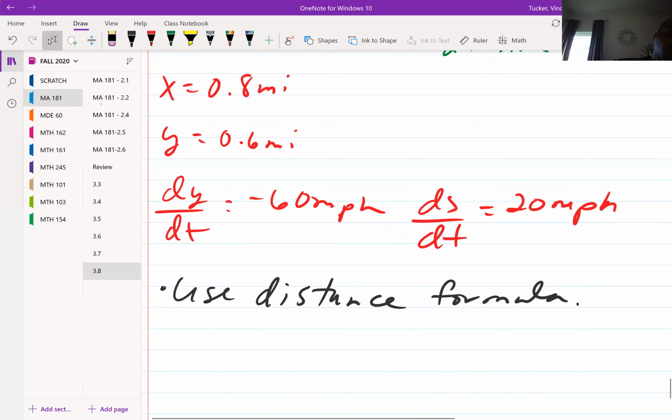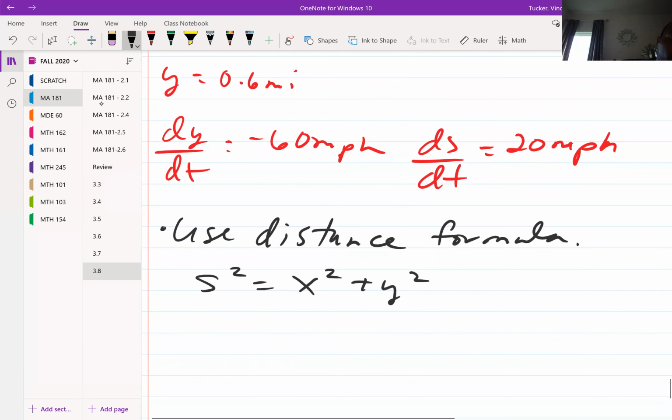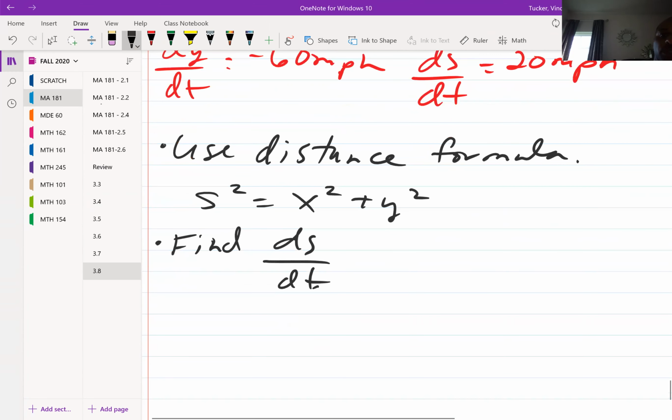So we can use our distance formula. s squared is equal to x squared plus y squared. So we can take the derivative of this, and we're doing it with respect to t, so we have to do it implicitly once again.